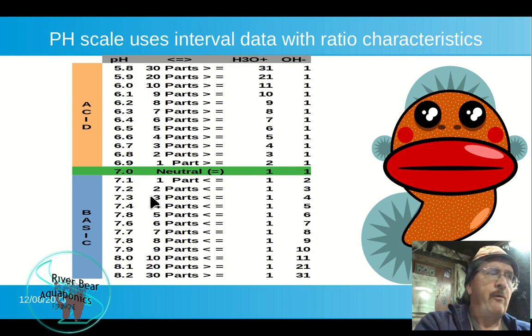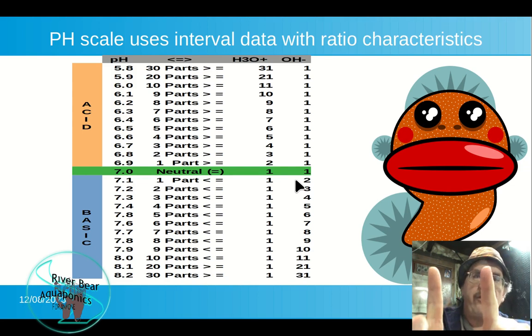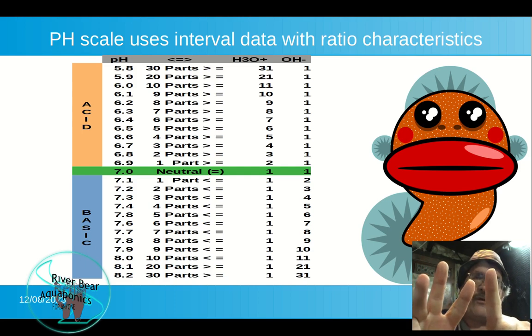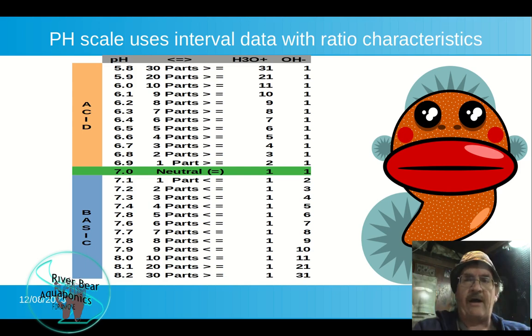And we go the other direction too. We started off with neutral, our 1-to-1 ratio, and we add 1 more hydroxide to it, now we have a 2-to-1 ratio at a pH of 7.1. If we add two hydroxide ions to it, we now have a 3-to-1 ratio or pH 7.2. That's how it works.